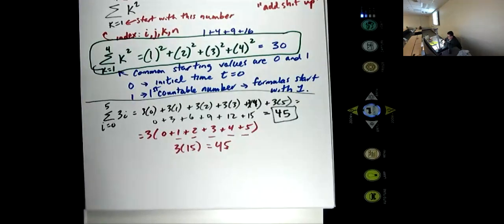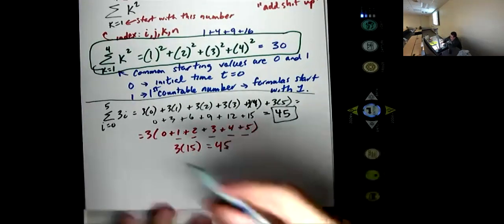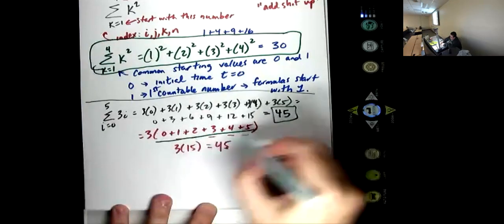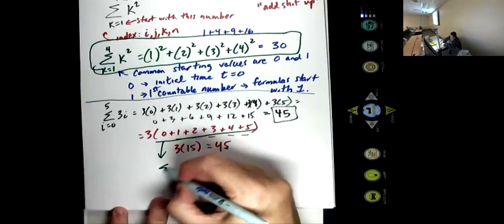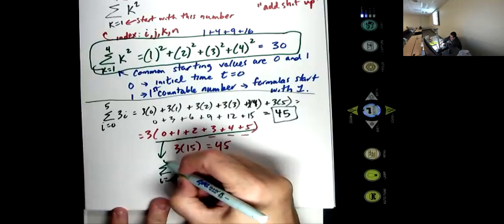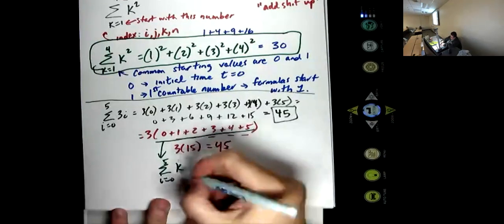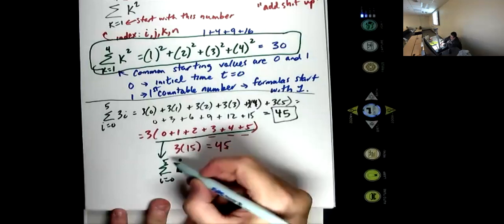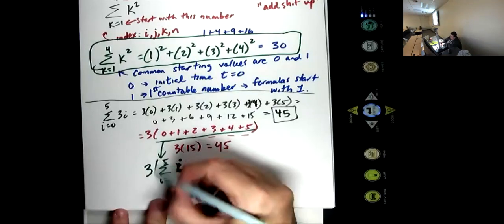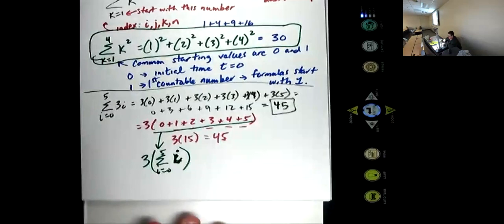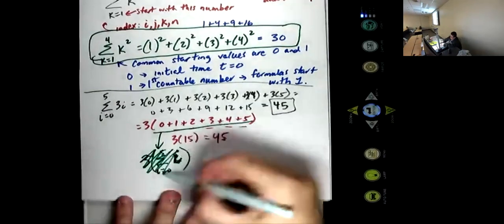But this 0, 1, 2, 3, 4, 5, this bit right here, that's just the sum from i equals 0 to 5 of i. And the 3 is on the outside, like that. Let me write that where it looks cleaner.